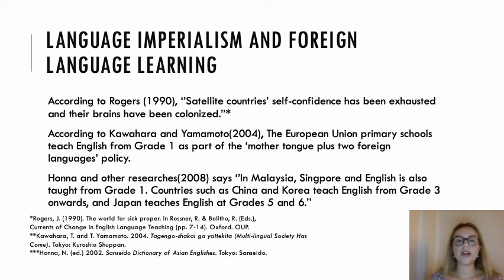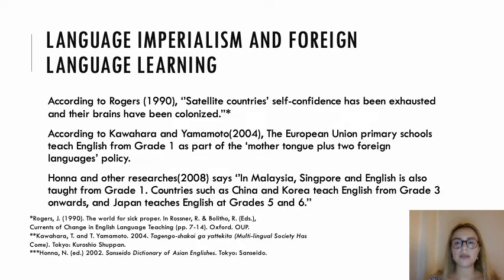So, what about language imperialism and education? In foreign language education, the dominant language produces and exports all kinds of methods, techniques, and materials related to language education. This is called the center, and the center sees this as its right, except in satellite countries.